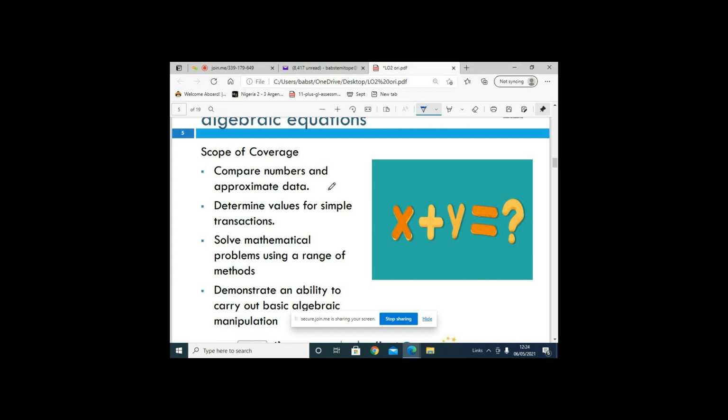Normally the common letters used in algebra are X and Y. Sometimes you can use A and B. When you use X and Y, it could be any number. X and Y are variables. So it could be 1, it could be 2, it could be negatives. But the most common letter we use in algebra is X.